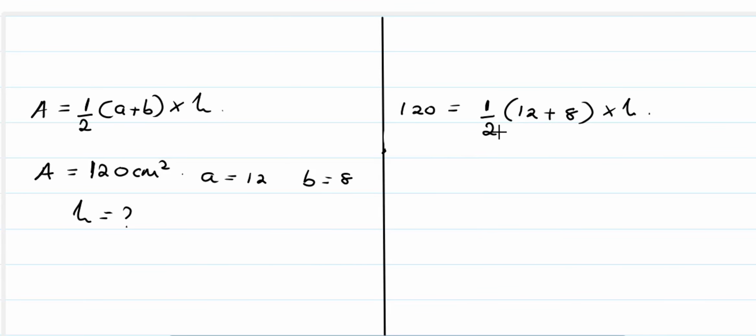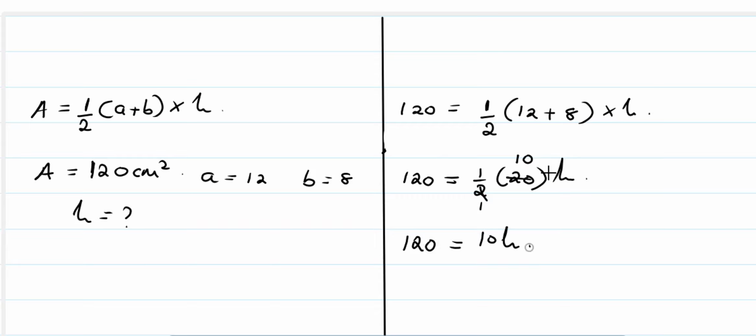So from there, I can say 120 is equal to half into 12 plus 8, which is 20, multiplied by the height. I can divide this 2 by 2, 1 by 2. The 20 now becomes 10 because 20 divided by 2 is 10. So now it becomes 120 is equal to 10 multiplied by h, which is 10h.